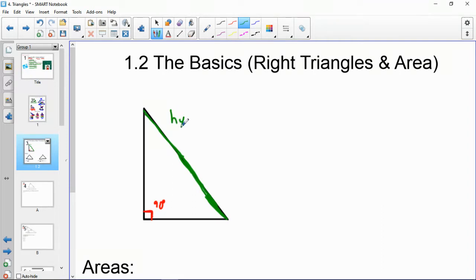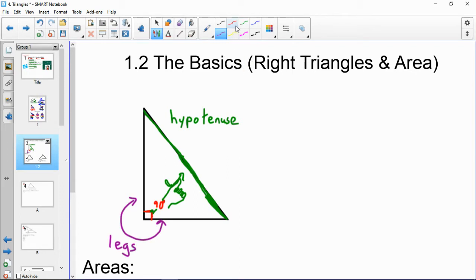And a good way for you to remember which one is the hypotenuse is that the right angle is always pointing at it. And the other 2 sides of a right triangle that are not the hypotenuse are called legs.